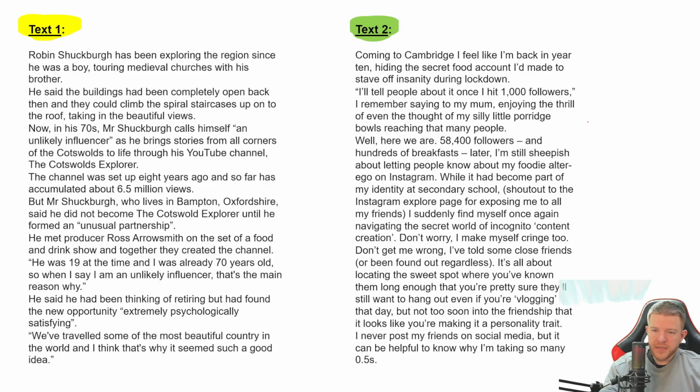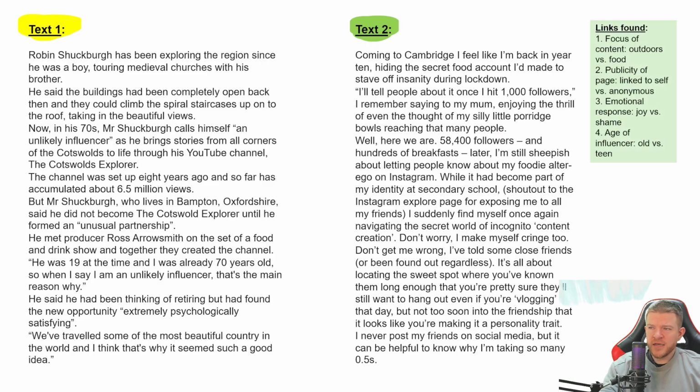Okay, so the differences that we found were the focus of the content, the publicity of the pages, the emotional response that they had, and their ages.